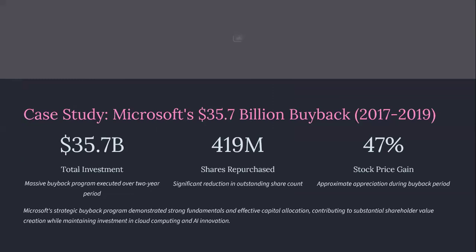Let's talk about a case study of Microsoft. Microsoft had a 35.7 billion investment. They declared a massive buyback program over a 2-year period. They bought back 419 million shares, and this achieved a 47% gain.